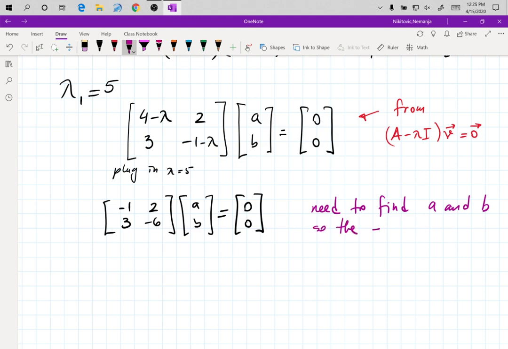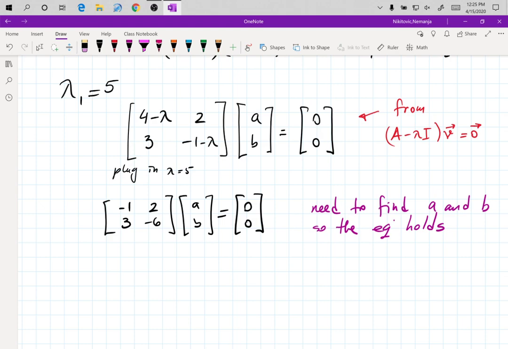So the equation holds. Meaning, you can't just put anything. You can't put 7 for A, right? If you put 7 for A and 1 for B, you're just going to have negative 7 plus 2, and that's not 0, right? So you have to pick A and B so they give you zeros on the other end.